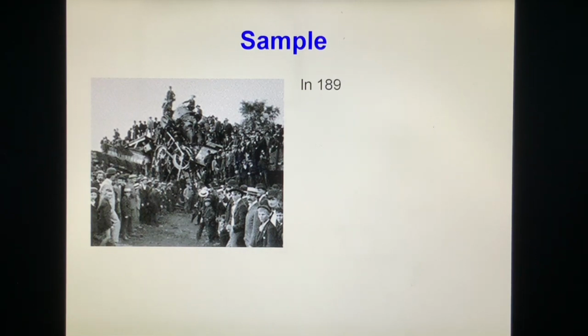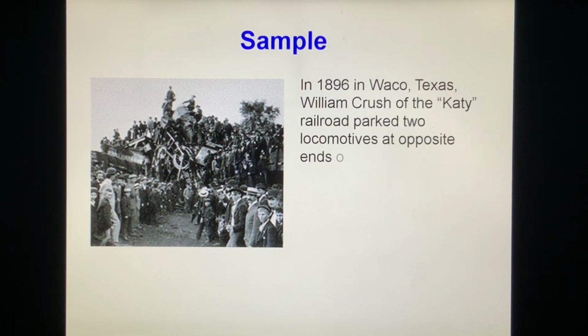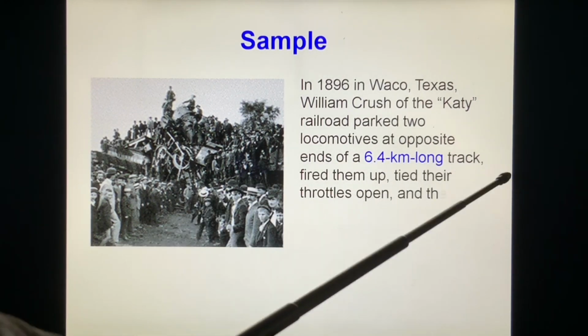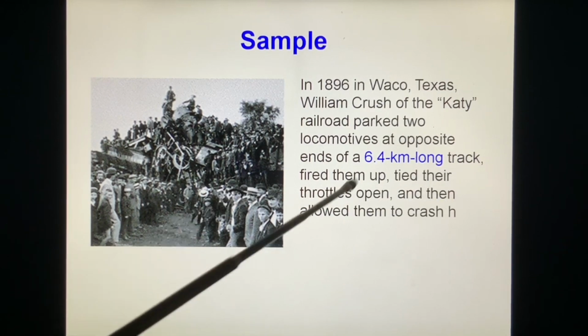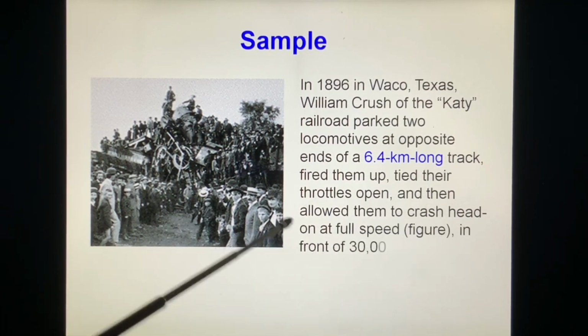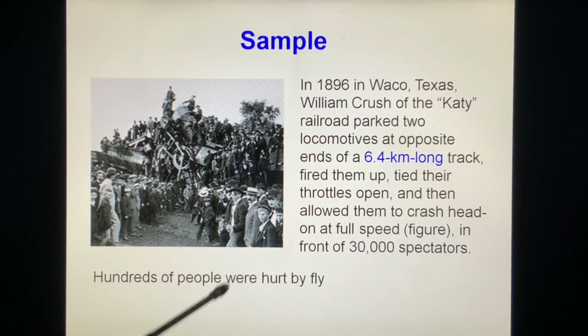Sample problem. In 1896, in Waco, Texas, William Crush of the Katy Railway parked 2 locomotives at opposite ends of a 6.0 kilometer long track, fired them up, tied their throttles open, and then allowed them to crash head-on at full speed in front of 30,000 spectators.